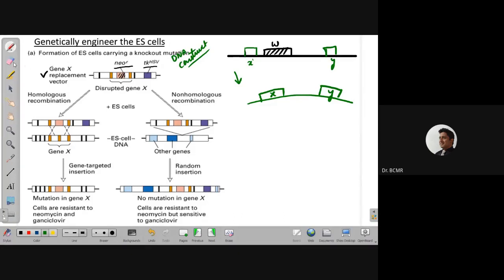Positive selection, I will use the neomycin resistance gene.